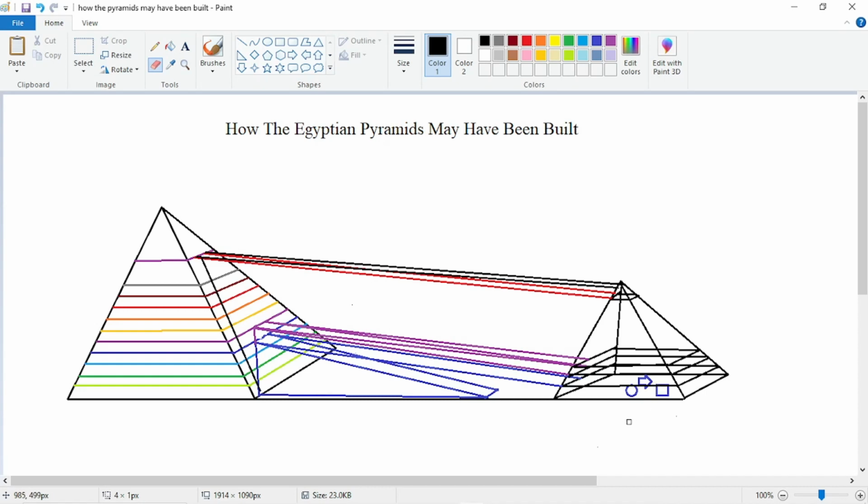I mean, just give that a try and see. A 20-ton stone, you're building a 20-ton stone somewhere over here, and you're pushing it across flat ground. That's hard enough. And then you build a giant ramp to go up around the pyramid as it's getting taller and taller. I mean, give me a break.